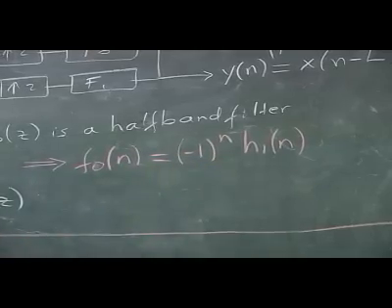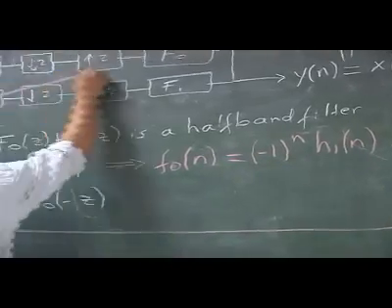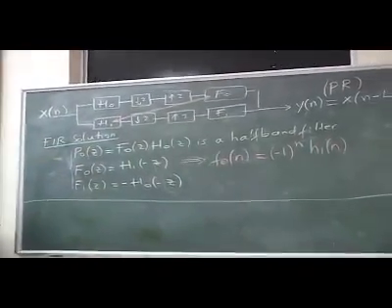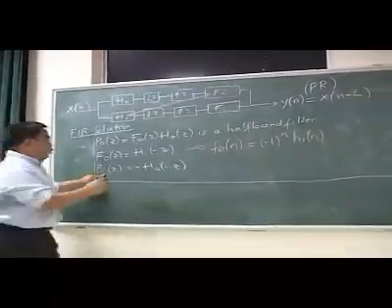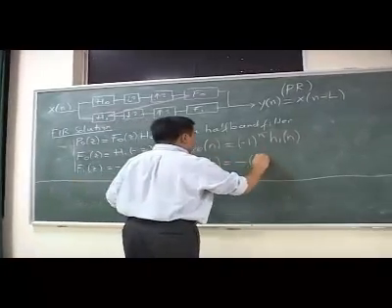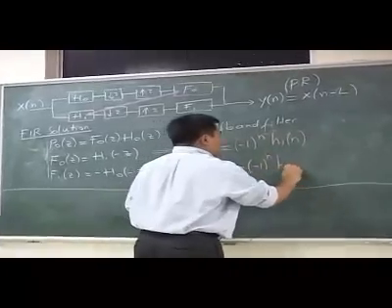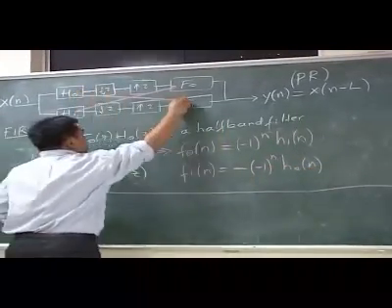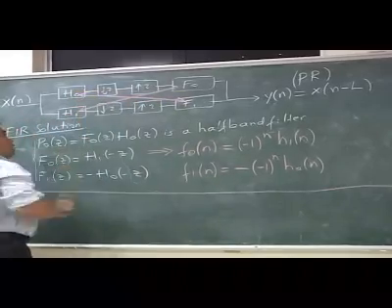So f0 and h1 are related this way. And then f1 of n is minus 1 to the n h0 of n. So f1 and h0 are related this way. That's how they are related.